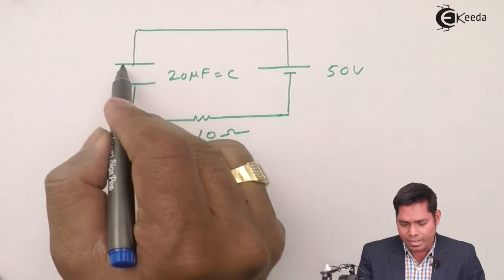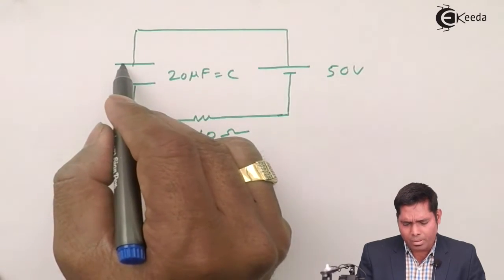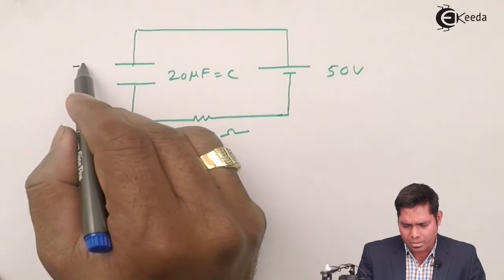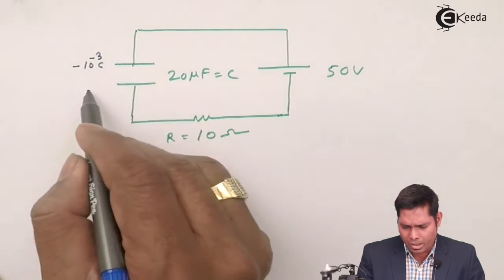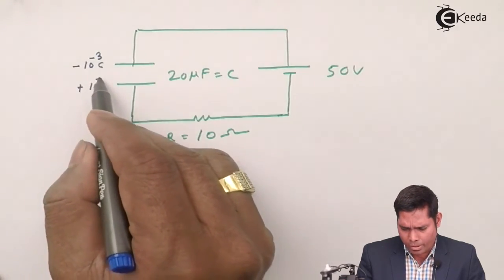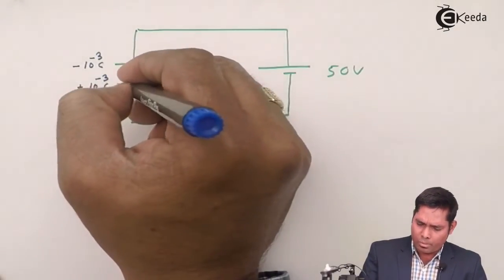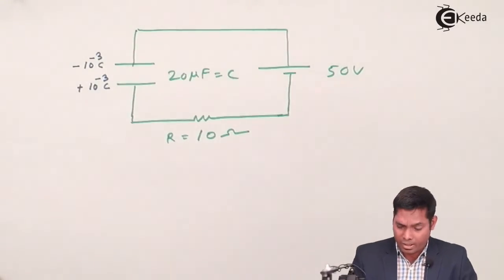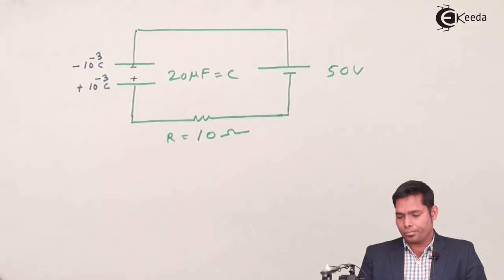This was negatively charged and this was positively charged, with 1 millicoulomb: minus 10 raised to minus 3 coulomb here, and plus 10 raised to minus 3 coulomb there.